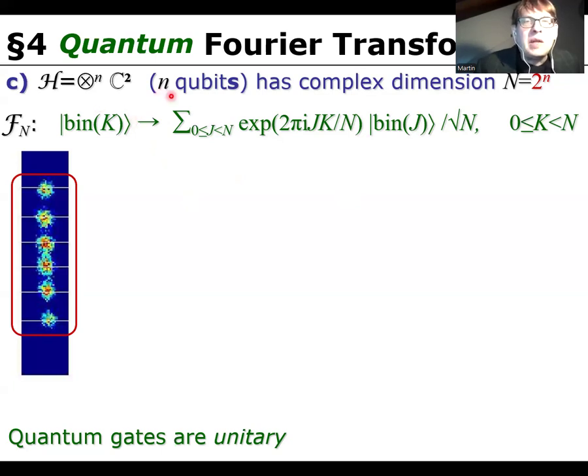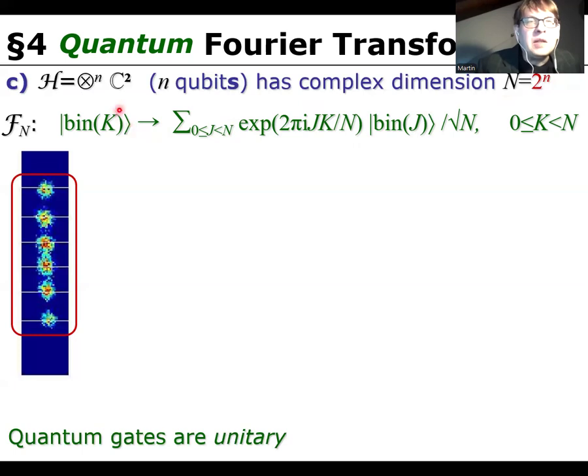And now remember that here we have 2 to the n basis vectors, which we abbreviate with binary numbers, k ranging from 0 up to but excluding N, where N is 2 to the small n.